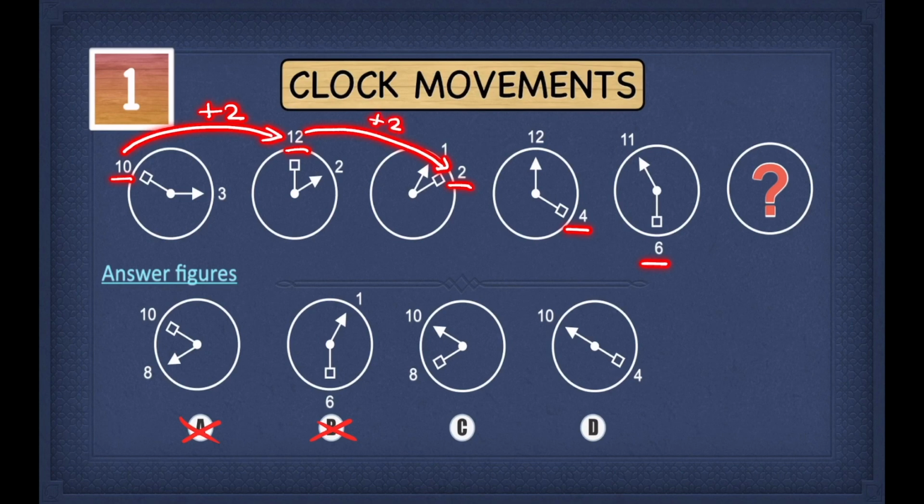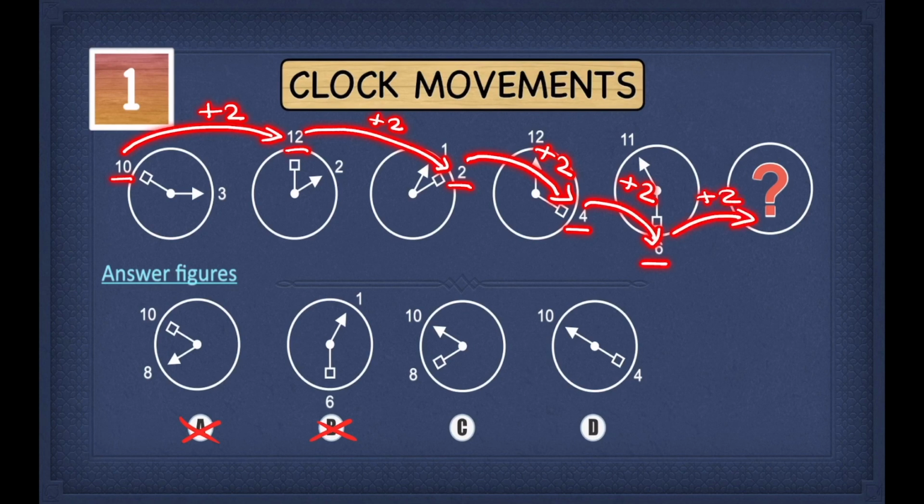Because in a clock, if you're adding, you're moving one step forward. So if you're adding 2 to 12, you're moving 2 steps from 12, and you're moving those 2 steps forward. So that means you land at 2. And to get from 2 to 4, you're going to add 2. To get from 4 to 6, you have to add 2 once again. So this means to find out where the square is pointing in our answer, we have to add 2 to the 6.